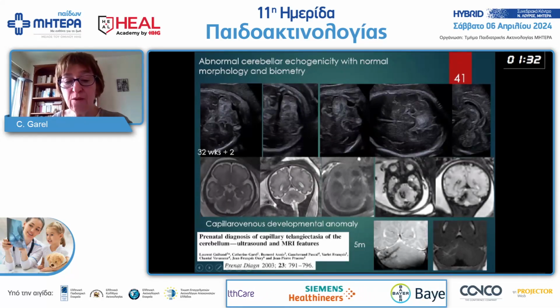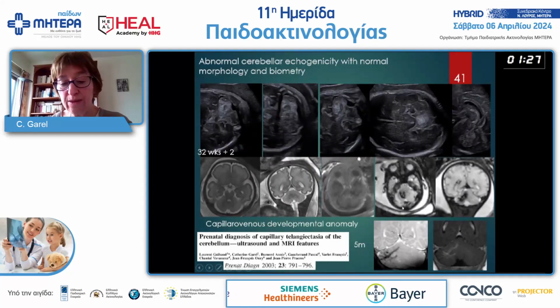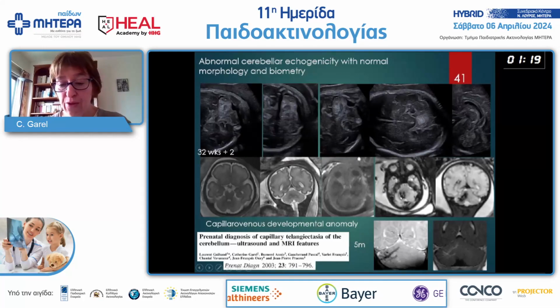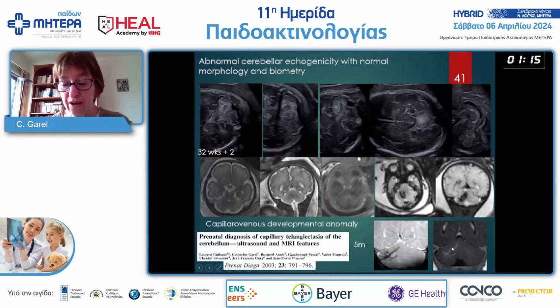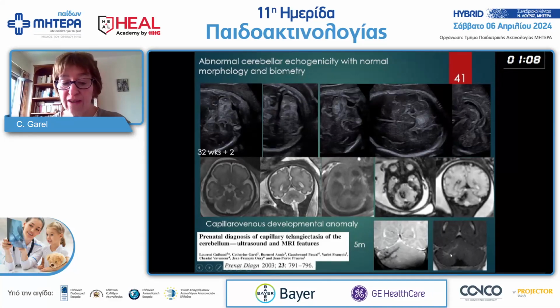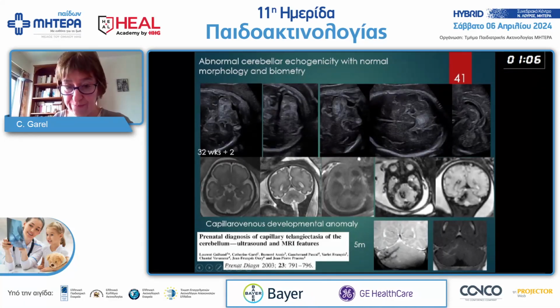And you can see that we do not see any abnormality on T1 and T2 sequences, while if we use T2 gradient sequences, we see that there is a marked hypointensity. Before birth, we are not allowed to use contrast medium injection, but after birth, we could perfectly demonstrate that this was related to a capillary telangiectasia.